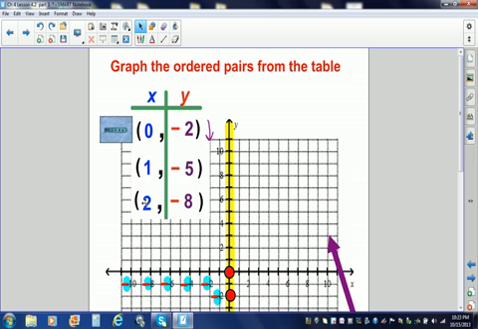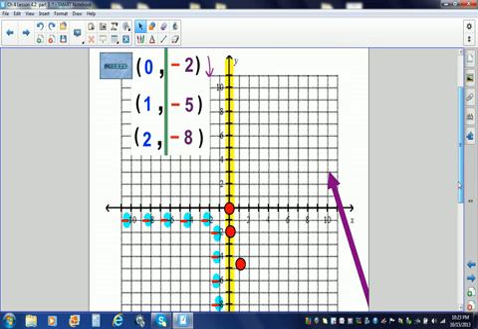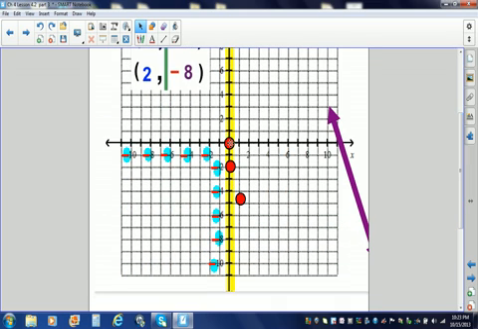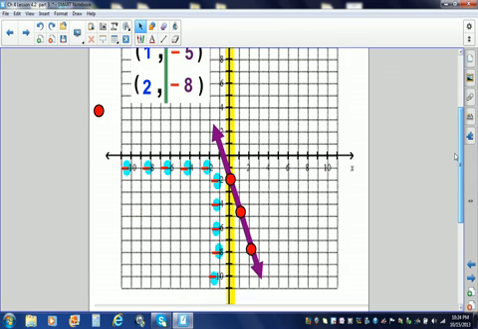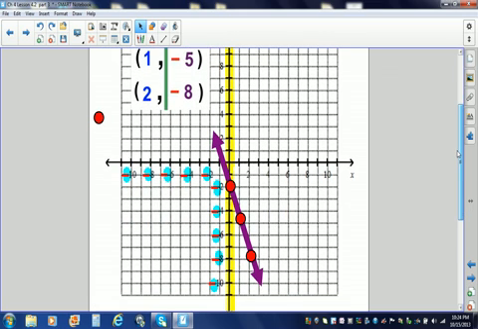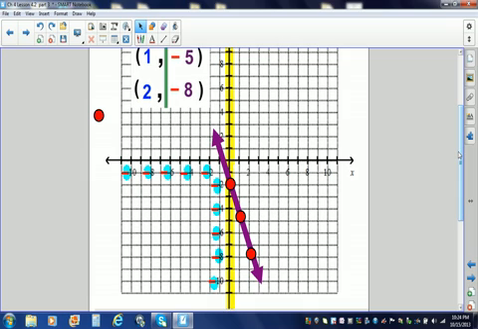Go to the right 2, then down 8. And then I am going to connect my dots with a line. I have now graphed the equation y equals negative 3x minus 2.